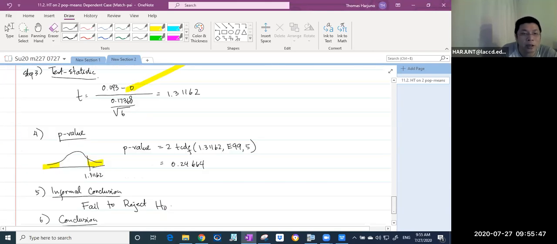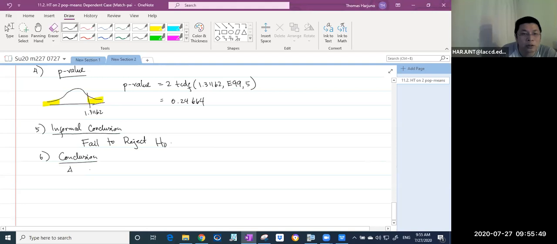So okay, at 0.01 significance level, there is insufficient evidence to support the claim. Copy paste.